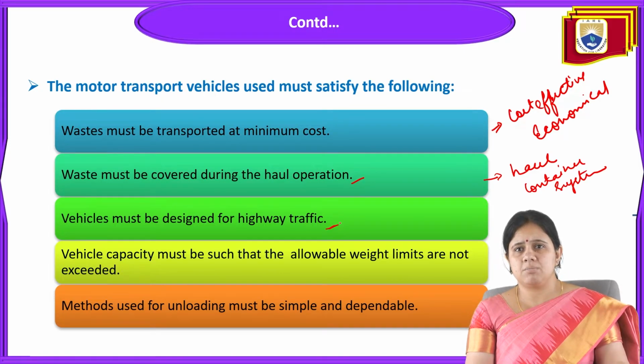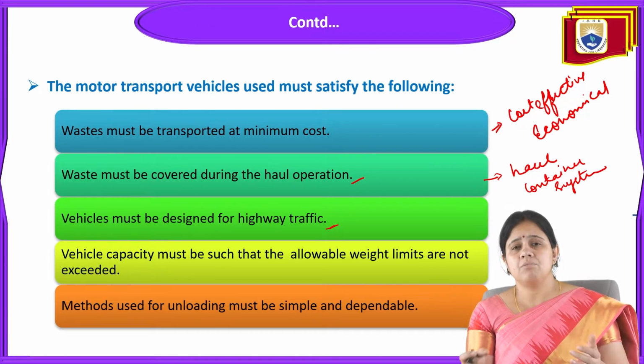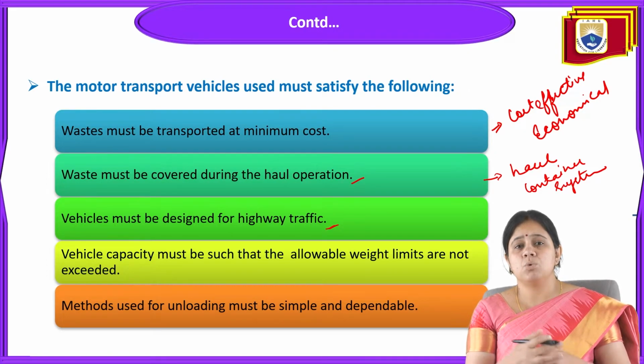Vehicle capacity must be such that the allowable weight limit is not exceeded. Exactly, because on the highways some weight capacity is there. If your vehicle exceeds the total allowed weight, then it will not be allowed.